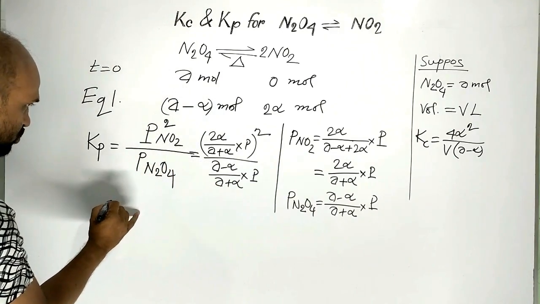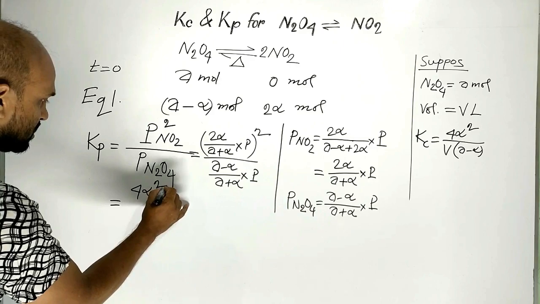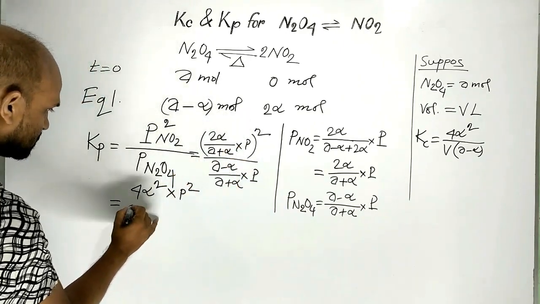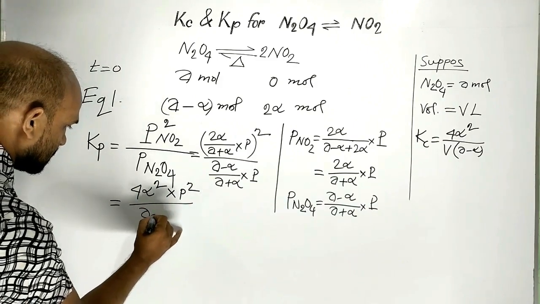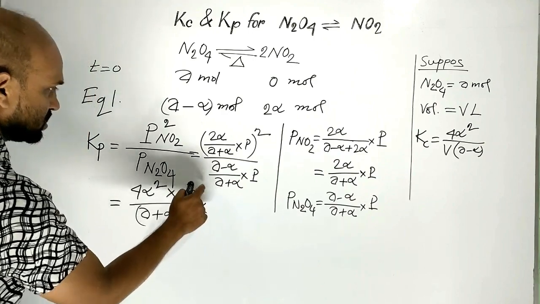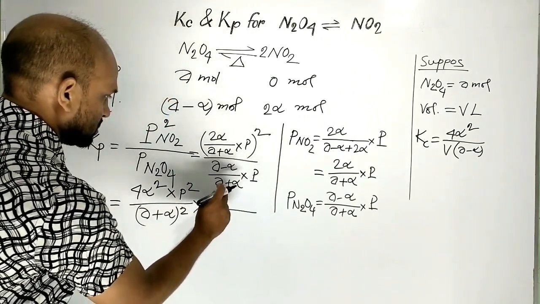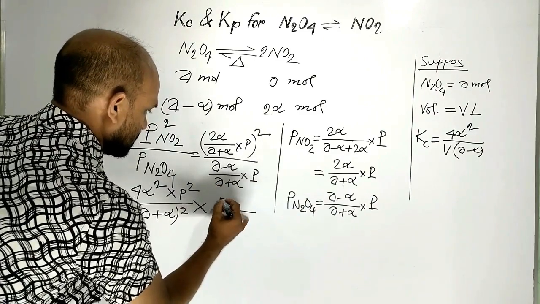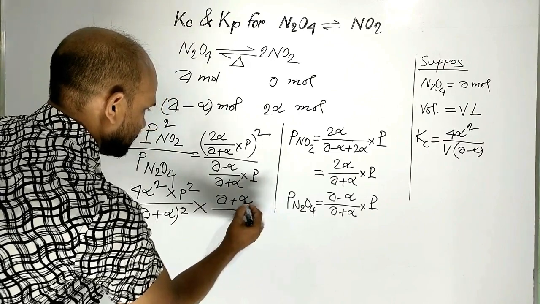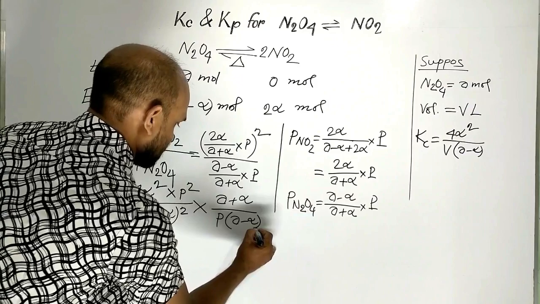This is equal to 4 alpha square into P square divided by A plus alpha whole square, into, this term will be inverted, A plus alpha divided by P of A minus alpha.